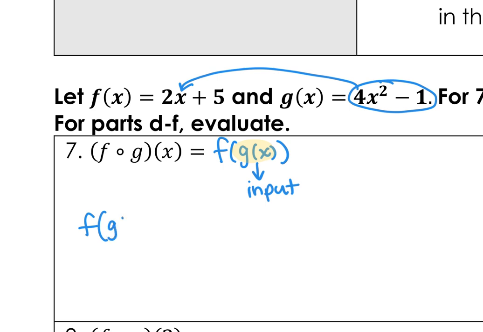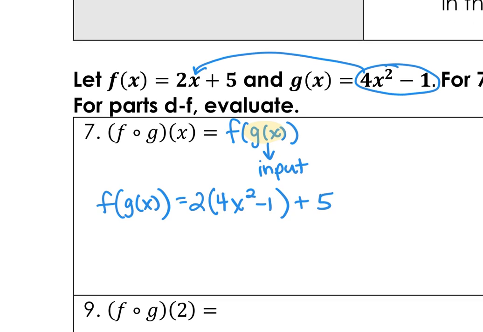So f of g of x would be 2, but now you're going to plug in g of x. Like in 1.3, we were plugging in just 3 or 5 or whatever. Now we're plugging in a whole function. So 2 times 4x squared minus 1, and then plus 5, because that's the rest of this function.